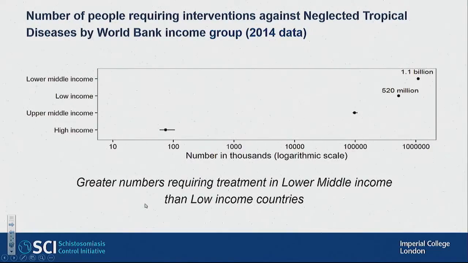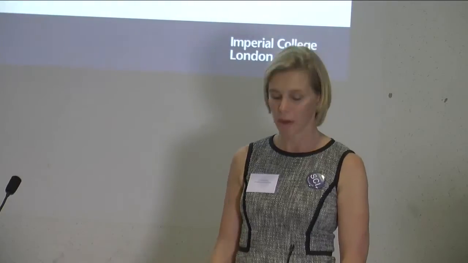And if we look here at some WHO figures, looking at the number of people requiring an intervention for any of the NTDs, by World Bank Income Group, you can see that the greatest number of people, 1.1 billion people requiring treatment against NTDs, actually live in middle income countries. So to ensure that we leave no one behind, we really need to think very carefully about how globally we distribute our resources.